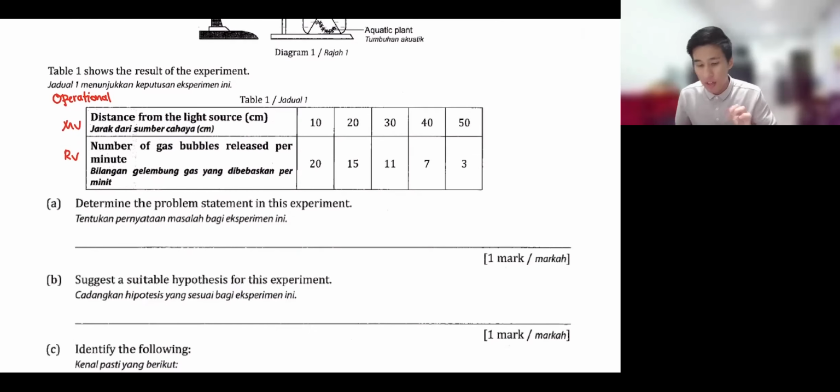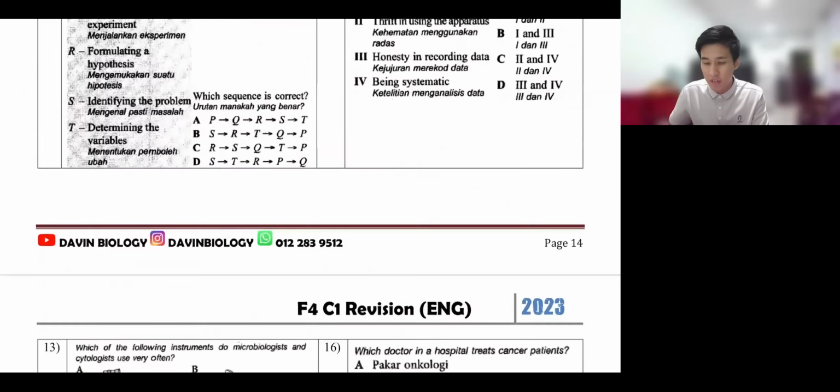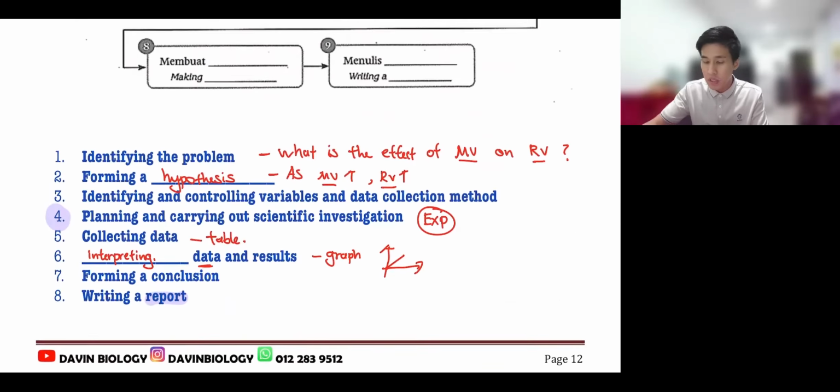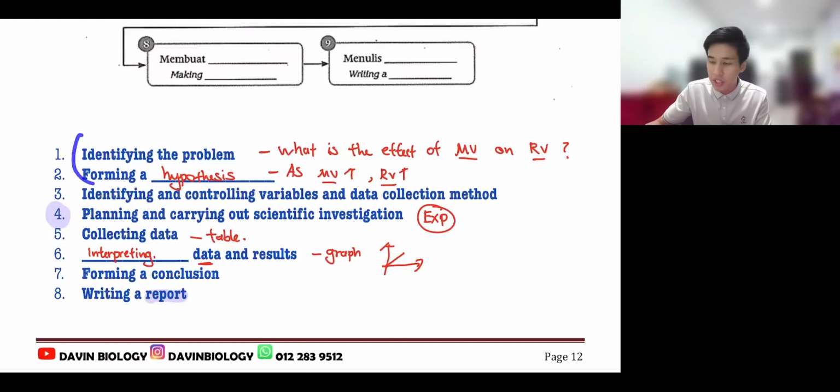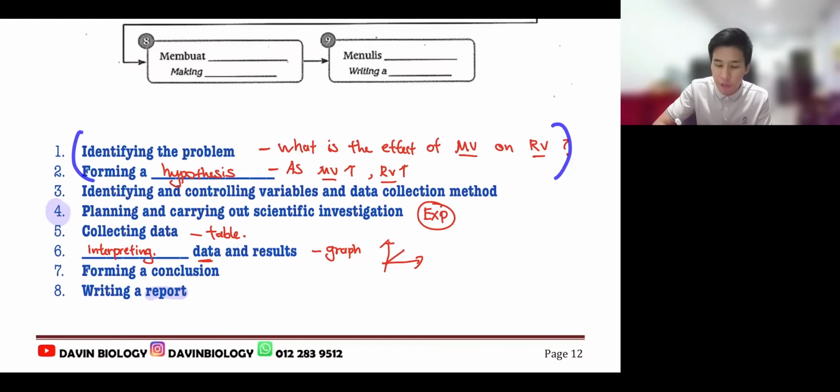Okay. Now, for problem statement and hypothesis, you will use the actual MV/RV. Why? Because if you go back to the scientific investigation here, the problem statement and hypothesis are formed before the experiment.